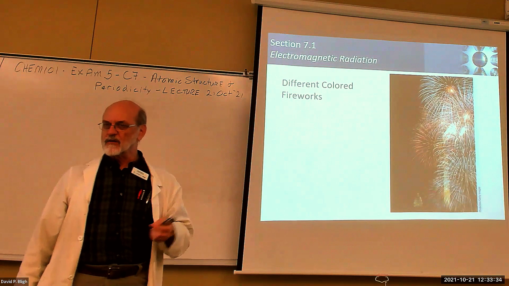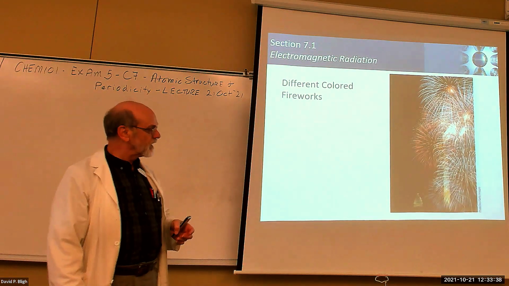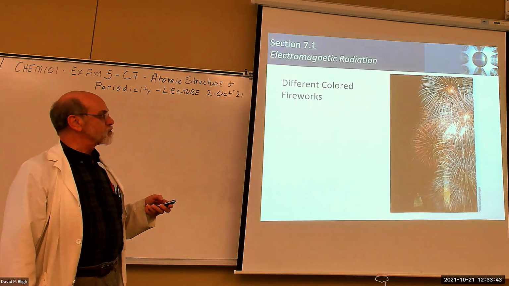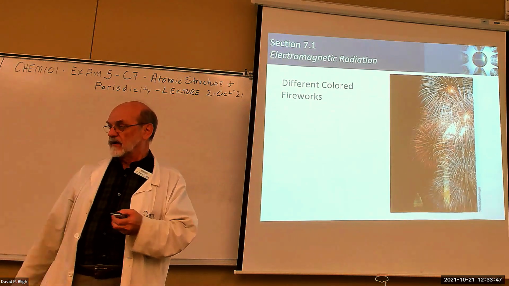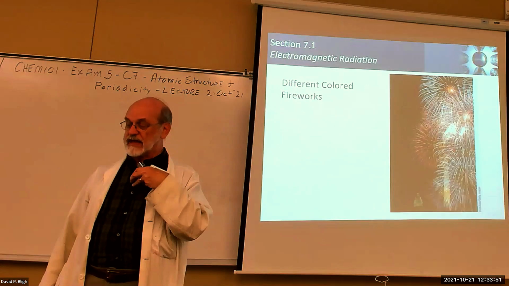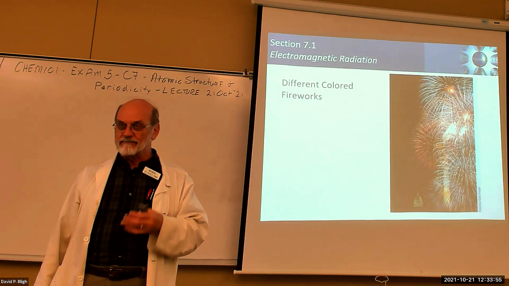Reds are a little more difficult. Blues are extremely difficult to produce. But it is possible. I see some right in here. Why do they make those colors? What is it about the chemical reaction, actually, that occurs in a fireworks explosion that makes those colors?